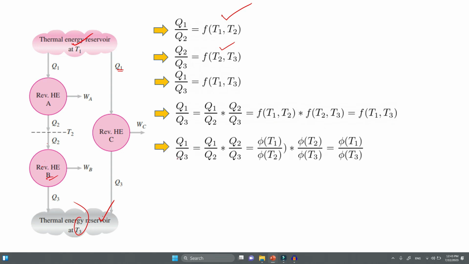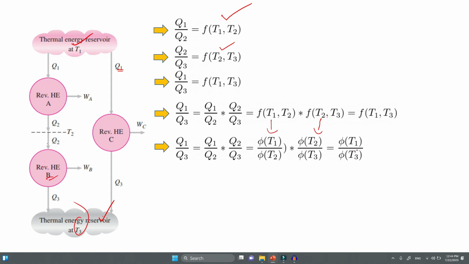So Q1 by Q3 is equal to Q1 by Q2 into Q2 by Q3. See, the function of T1 T2 into the function of T2 T3 is equal to the function of T1 T3. That means this does not depend on T2. This is possible only if the function is like this: the function of T1 T2 is equal to phi of T1 by phi of T2, into the function of T2 T3, which is equal to phi of T2 by phi of T3.